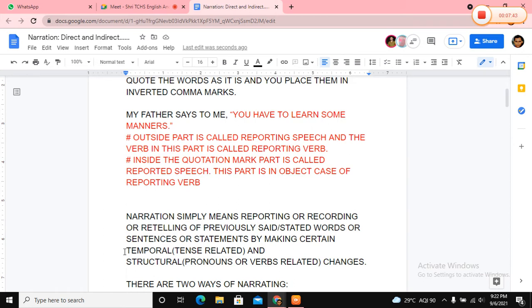But when you are reporting the statement in the indirect method, then you have to make certain changes according to time. मतलब tense change करो, you have to make tense changes, and you have to make pronoun changes. When reporting a statement in indirect narration, you have to make certain changes regarding tense and pronouns.